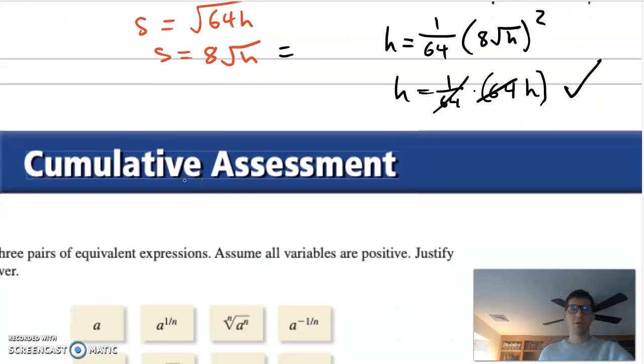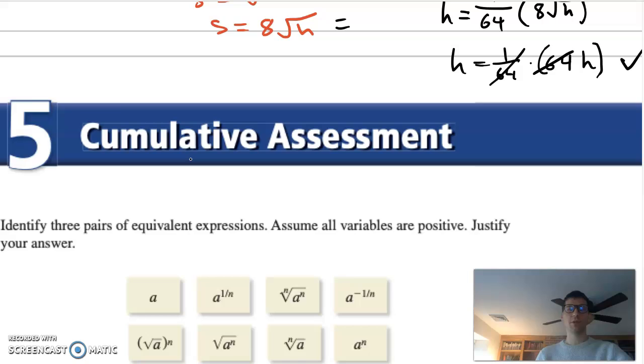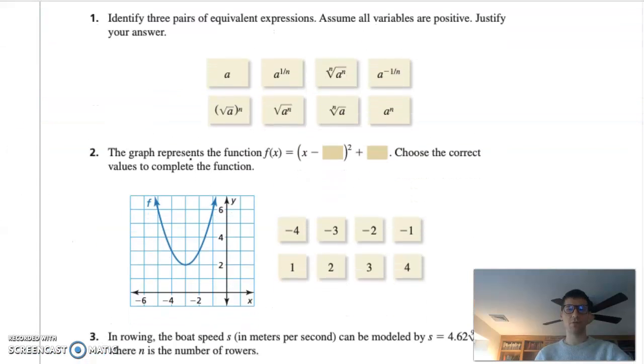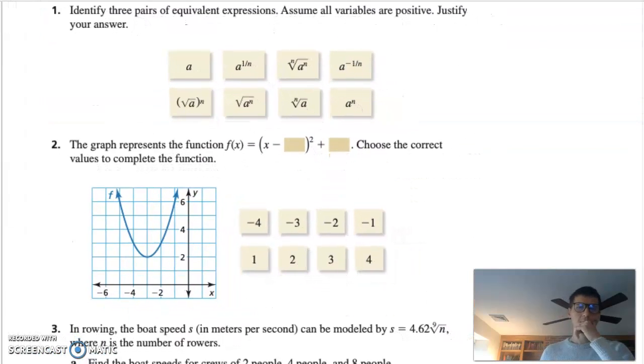What I put below here is a fun cumulative assessment that gives some nice resources. Just some reminders of some rules and that sort of thing. It's also got this interesting one where we have the graph here. Minus a negative would move it left.